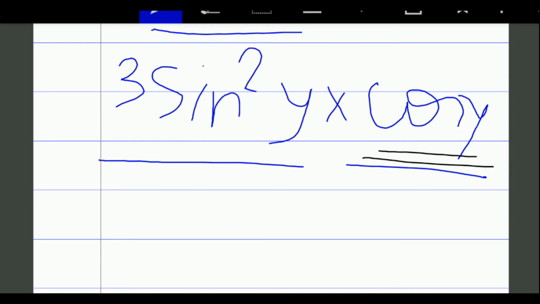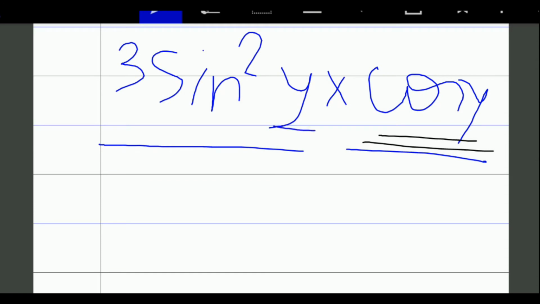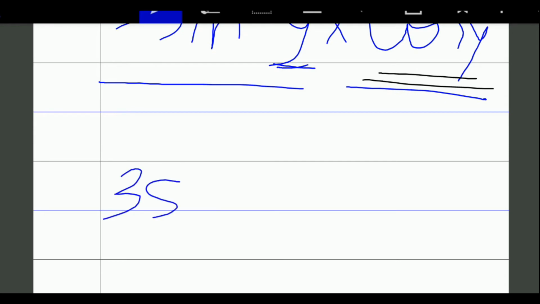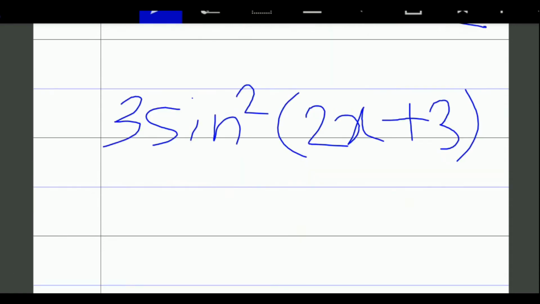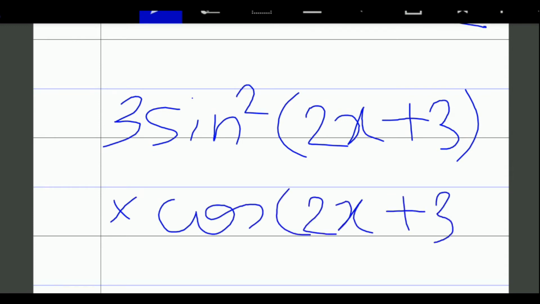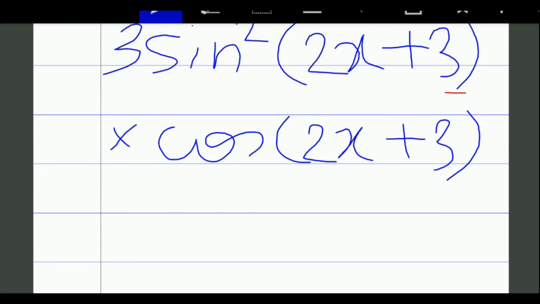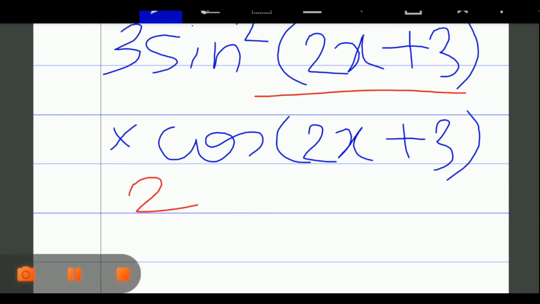As y is equal to 2x plus 3, replacing this y becomes 3 sin square 2x plus 3 into cos 2x plus 3. Now derivation of 2x plus 3, I have solved before, is 2. That is getting multiplied with this answer.